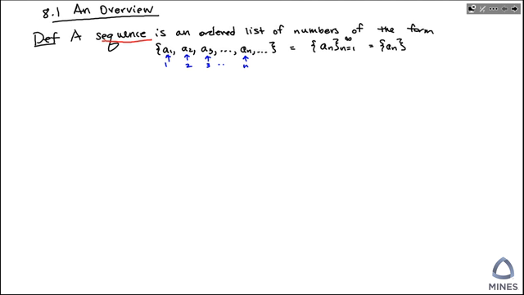Let's look at a few examples of sequences. In this sequence, the first term is 2/3, the second is 4/9, the third is 6/27, and the fourth is 8/81. The dots imply that some pattern is continuing. We could probably guess the next term. The numerators, 2, 4, 6, 8, indicate that the next numerator should be 10.